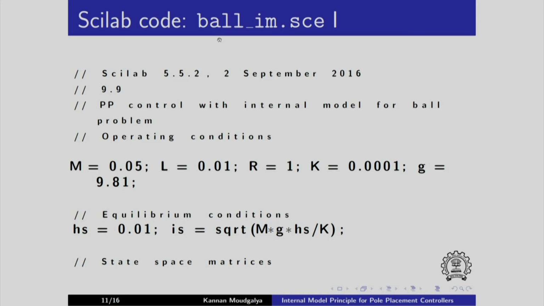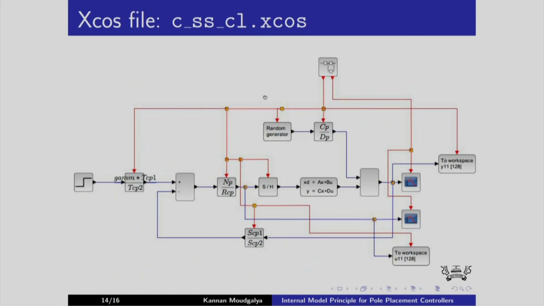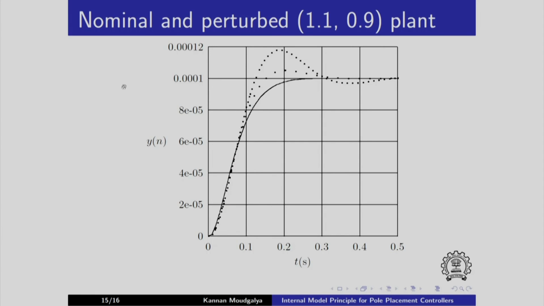Then we use ball underscore im dot SCE. It uses the new function pp underscore im. After execution of that file, we design the controller. Then we invoke this xcos file. And when we simulate, we get these results.